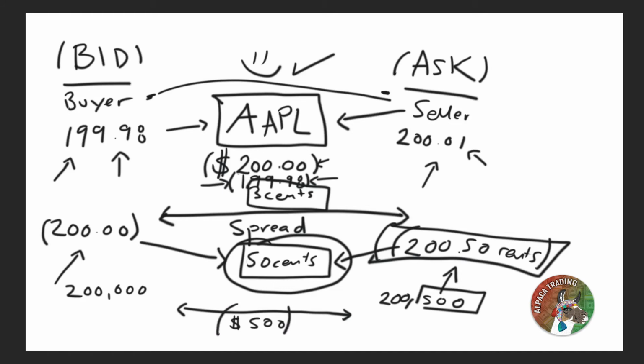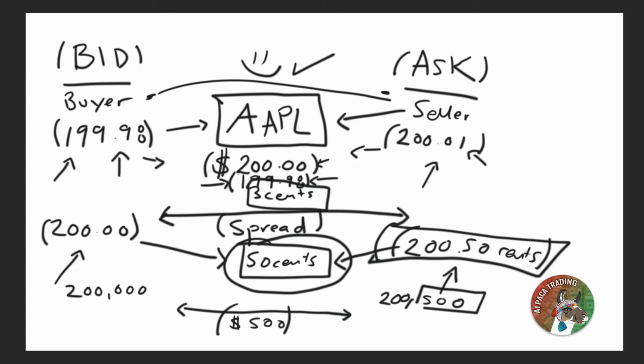So the point that I'm trying to make here is that whenever you guys are looking at a stock, and if you guys are thinking about investing in a stock or in an options contract, you want to make sure that the spread is as short or as close to both the bid and the ask as possible.